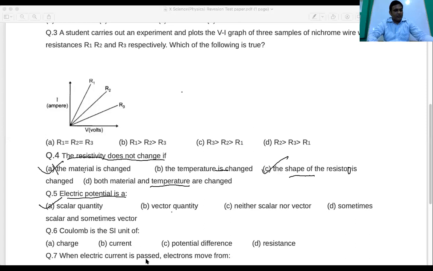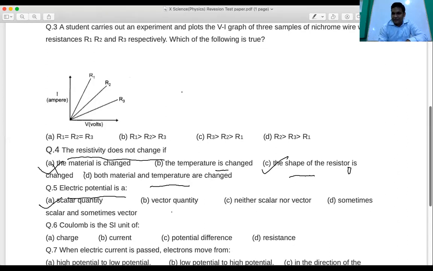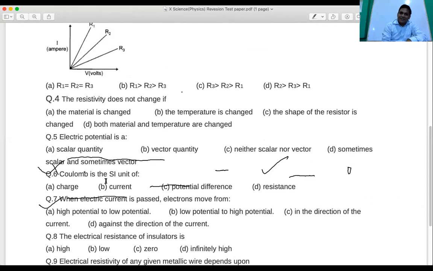Got my point or not? Yes, sir. Coming to the next part, they are saying Coulomb is the SI unit of what? Charge. Exactly true. So Coulomb is the SI unit of charge. The first option will be correct.